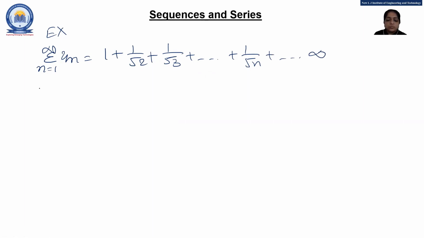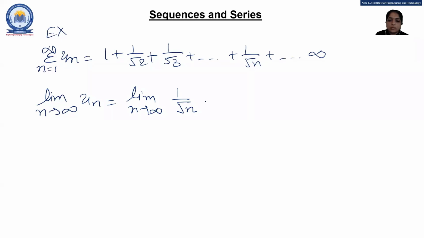Okay, so let's check the limit of n tends to infinity un. That un means nth term, and our nth term is 1 upon root n. So limit n tends to infinity 1 upon root n, and our answer is 0.